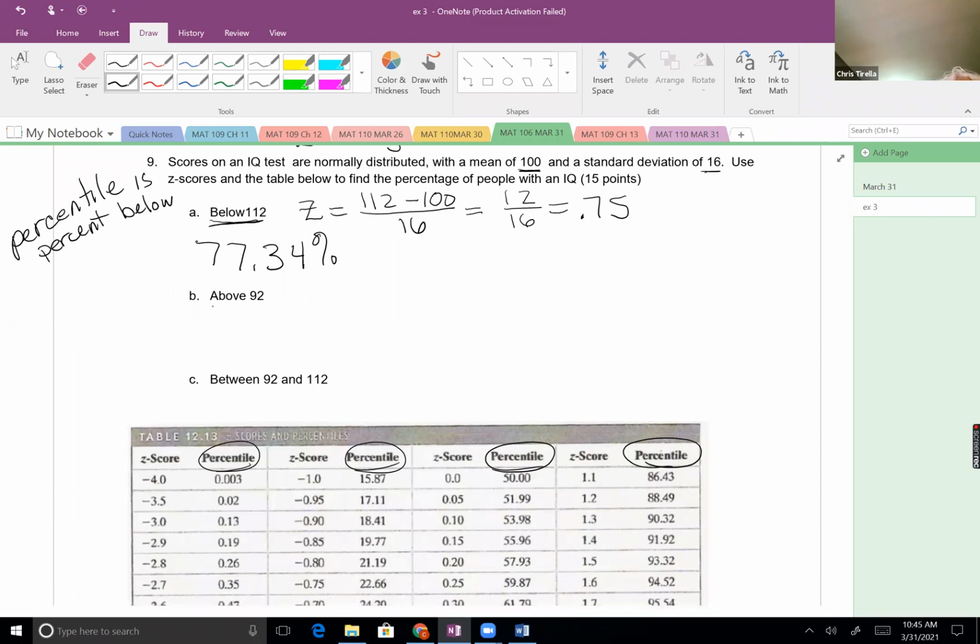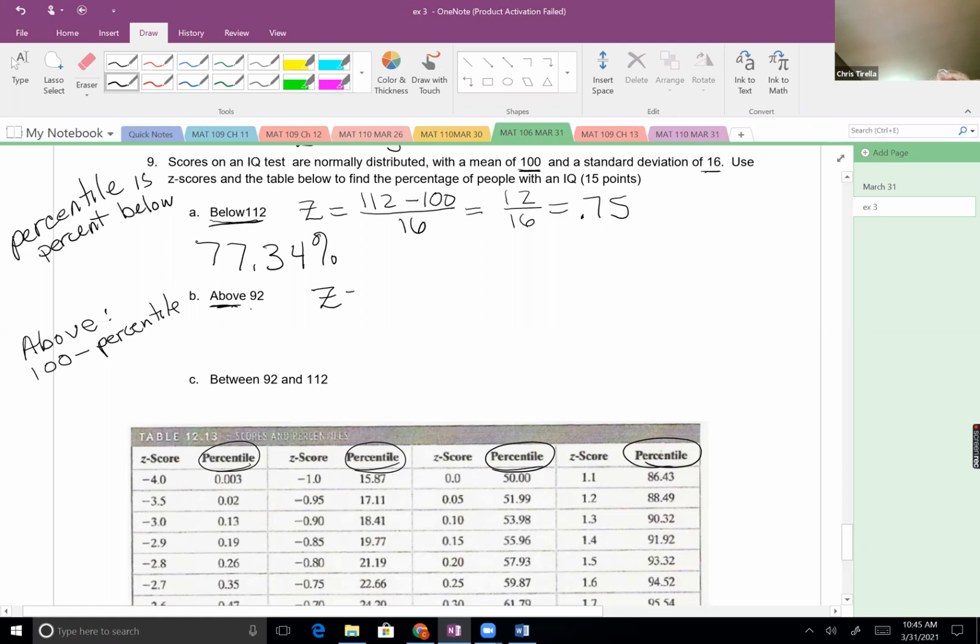The next question asks for the percent above. For the percent above, it's the rest of the distribution. So it'll be 100 minus the percentile. First we have to find the percentile. To find the percentile, I need the z-score.